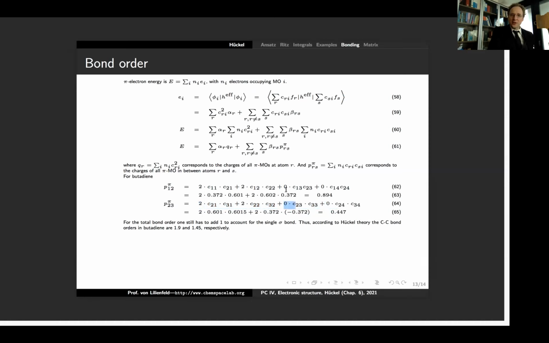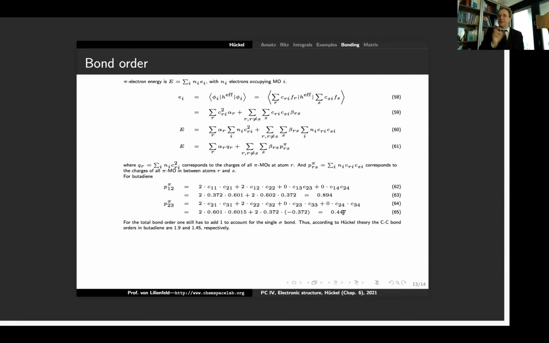Here there are no electrons in the higher orbitals, that's why the zeros are there. And here you have your change of sign. So in equation 65, you have this change of sign in the second part, and hence the number of electrons in that bond is reduced, right?